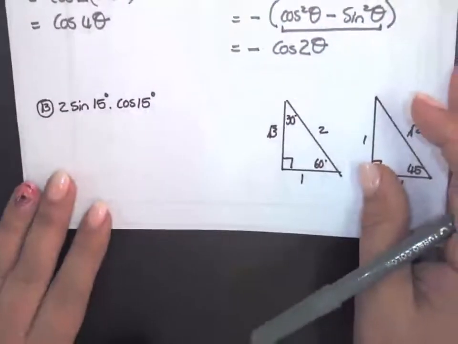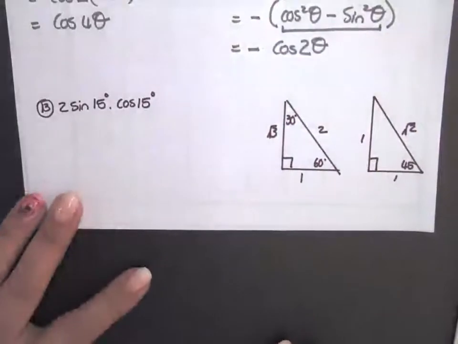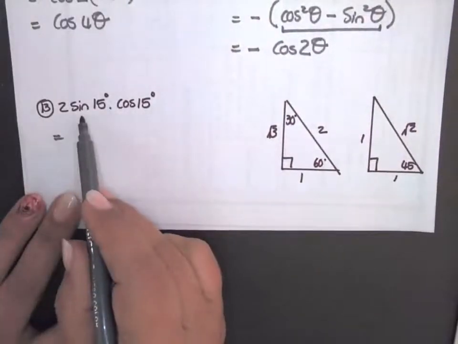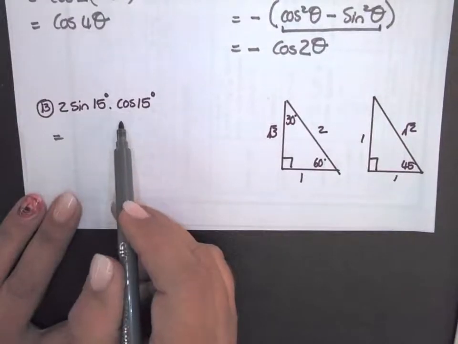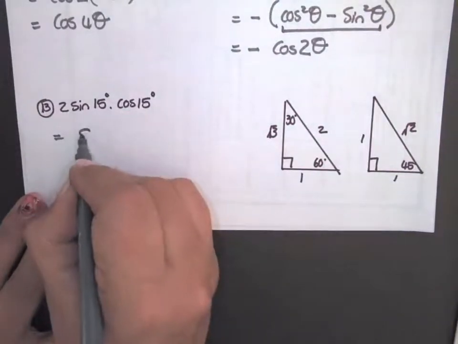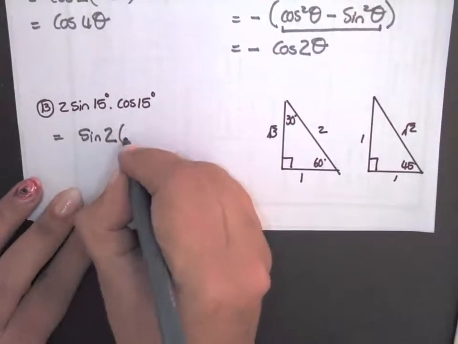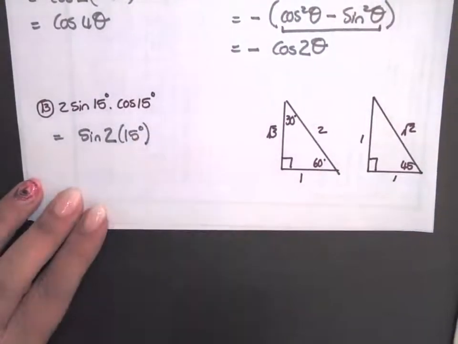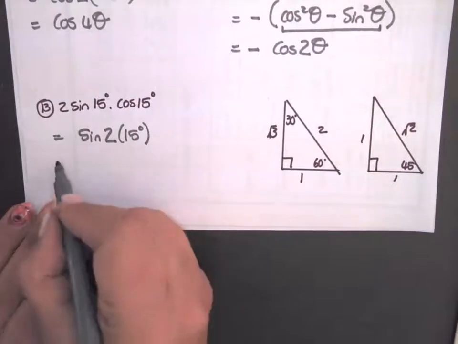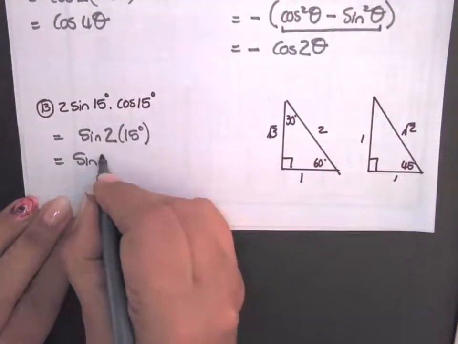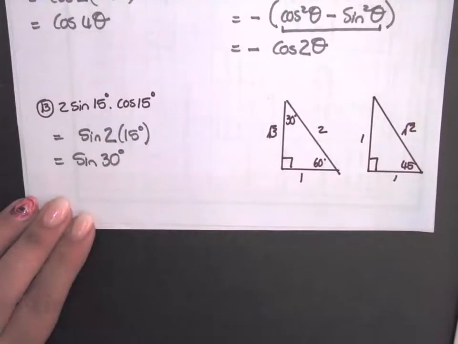Number 13. 2 sine cos is a double angle for sine. So it's sine 2 of 15 degrees. 2 times 15 degrees gives me sine 30 degrees.